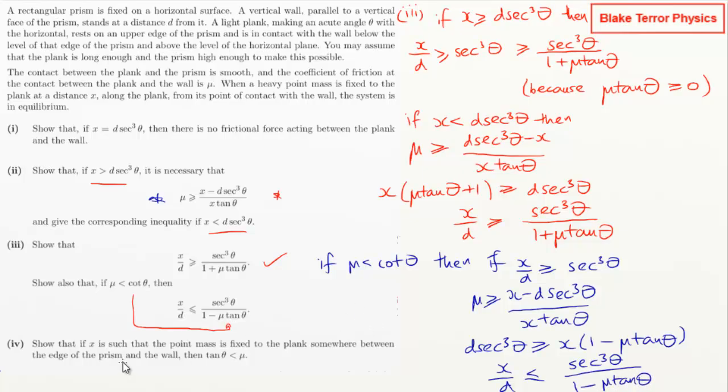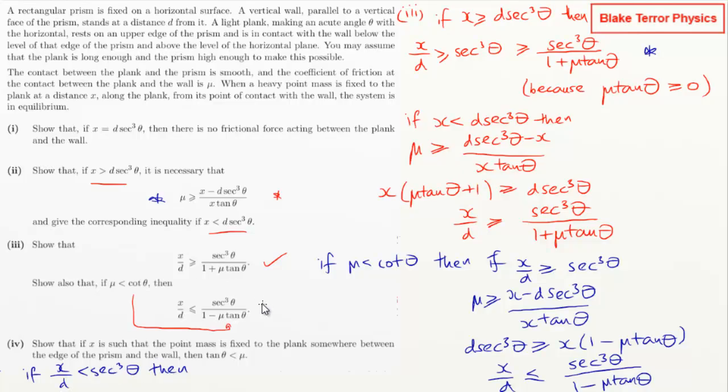But now I've got the case of, right, let's hope this will be a quick one. If x over d is less than sec cubed theta, then actually isn't this going to end up being the same as this? The same sort of idea, because then if we've got that being small, I don't know, does it?